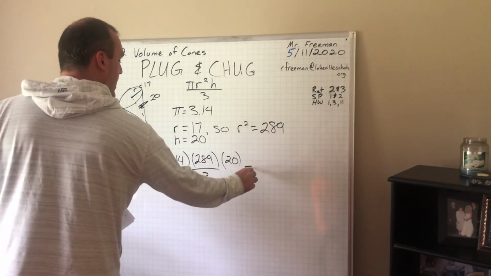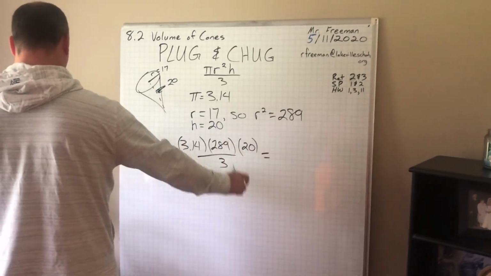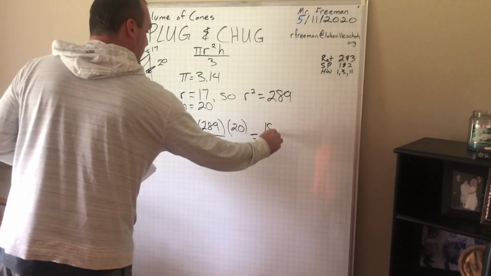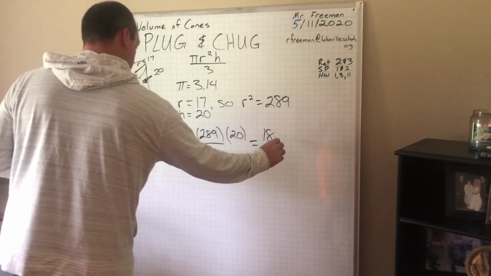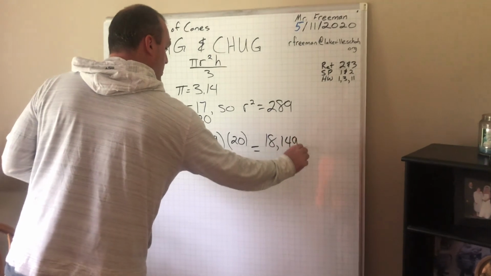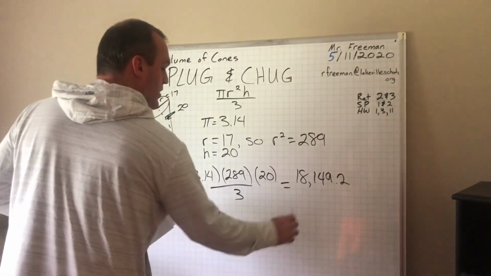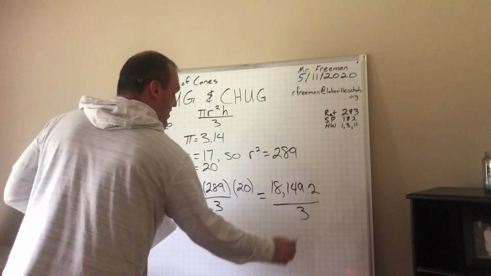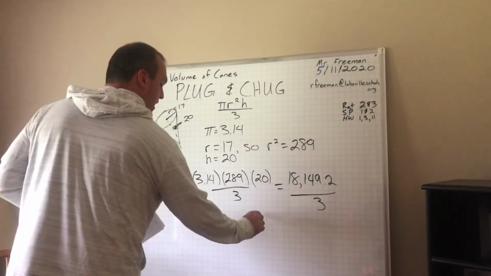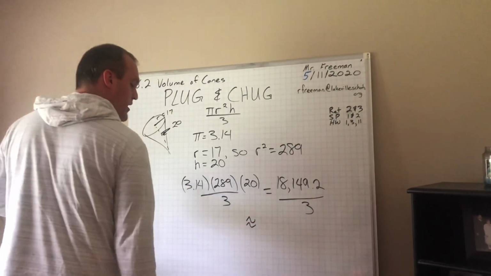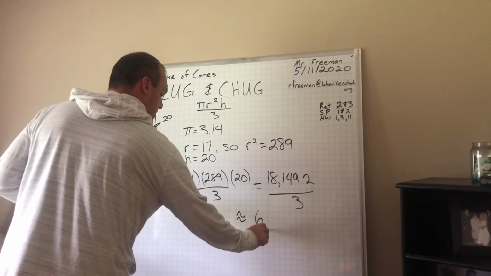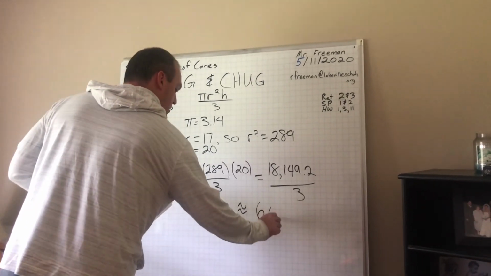Well, when you use your calculator and do all this mess up here, it equals 18,149.2. When you divide that by 3, your rough answer, my squiggly equal sign, is going to be 6,050.